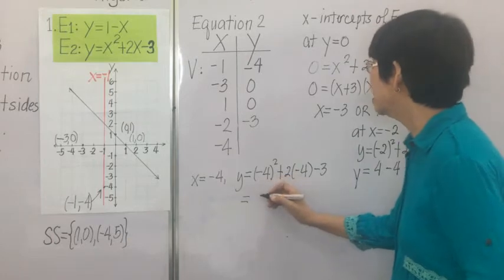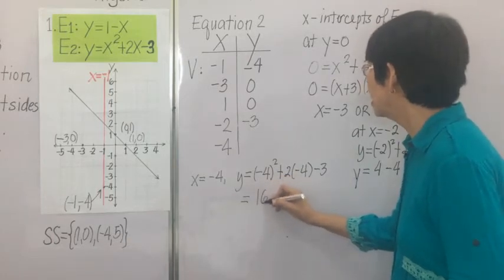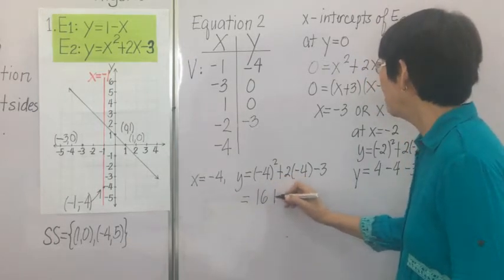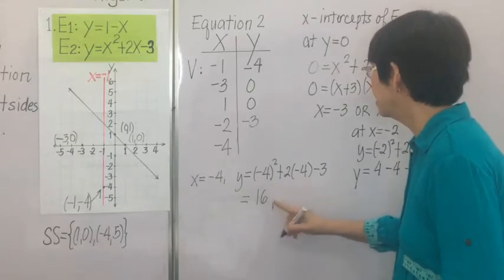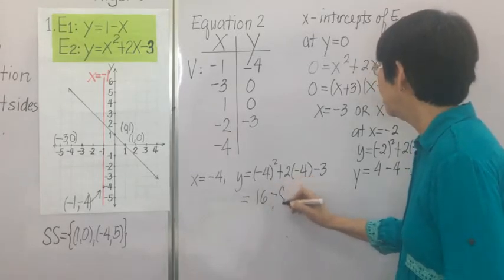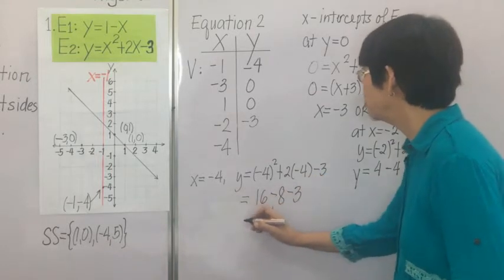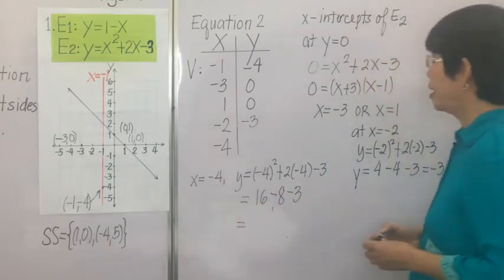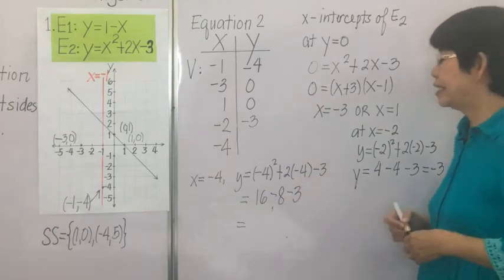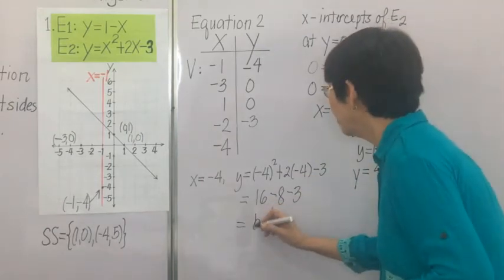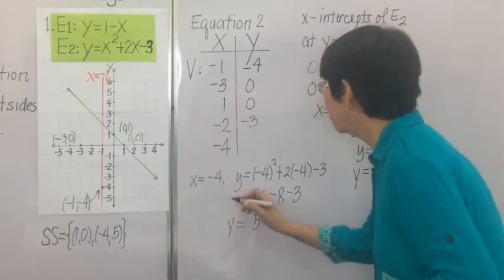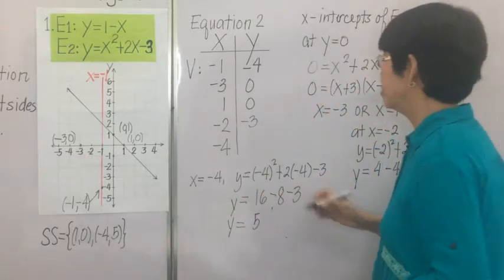So this is 16 minus 8 minus 3. So we have 8 minus 3 is equal to 5. y is equal to 5.